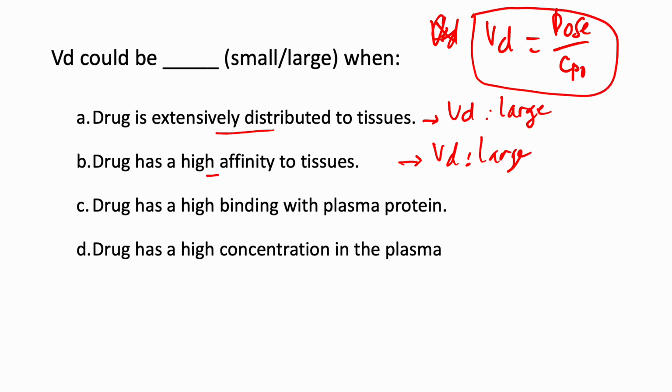So if the drug has a high binding with plasma protein, that means the drug stays in the plasma and cannot distribute to the tissue much, because of the binding to plasma protein, the bulky structure, and the physical chemical properties of the drug with the protein. So in this case, a high concentration of drug will be in the plasma. If Cp is high here, it makes the volume of distribution small.